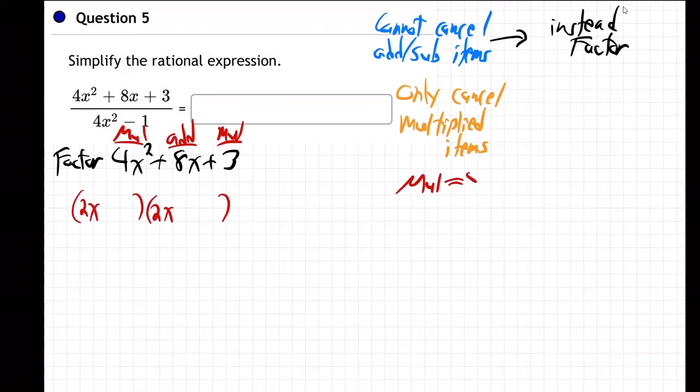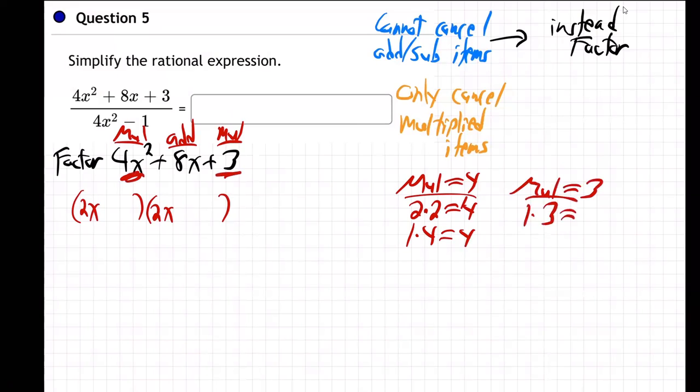What multiplies to equal 4? Well, 2 times 2 is 4, but also 1 times 4 is 4. And then what multiplies at the back to be 3? Only 1 times 3.